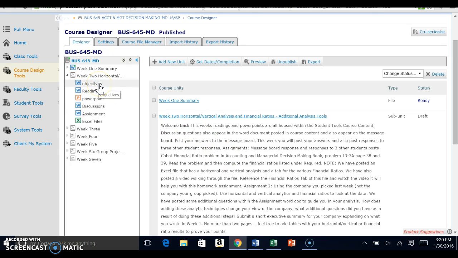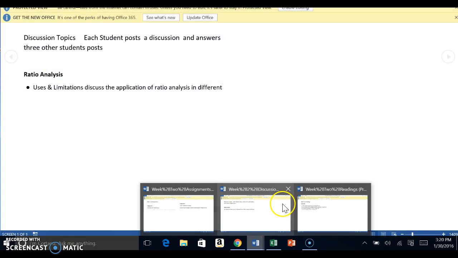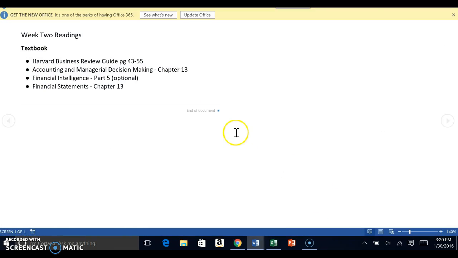If you look over here on your Campus Cruiser and Student Tools, you'll just see Objectives. You can read that. It's just a short summary of what we're going to cover. In our readings this week you'll see a file. So if you download that file, you'll be looking at our readings. So you're going to be looking at the Harvard Business Review Guide 43 to 55.